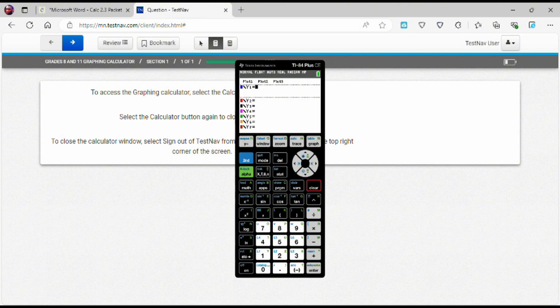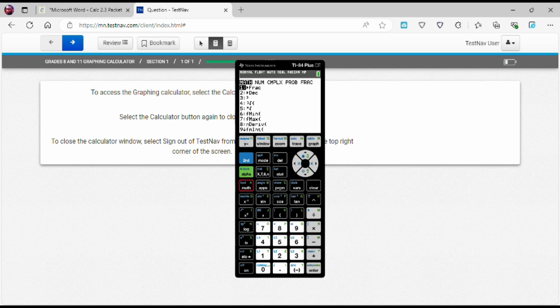Okay. So our original function is x to the third minus e to the x minus sine x. Okay? Quit. Okay.